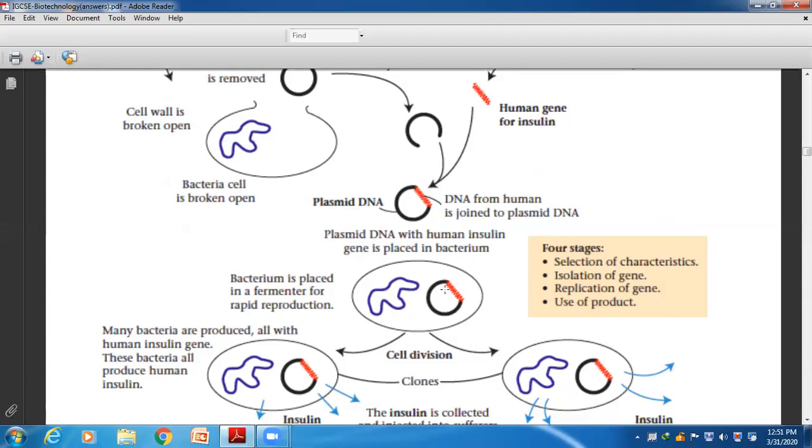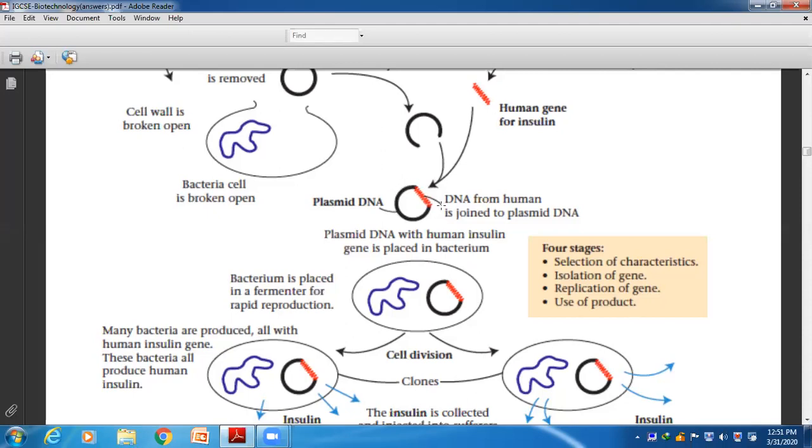There are different methods of inserting this artificial or recombinant DNA into bacteria. One method is I give a certain electric shock to bacteria colonies so that their membrane permeability increases, and they will take this plasmid recombinant DNA. Another method is micro injection technique.